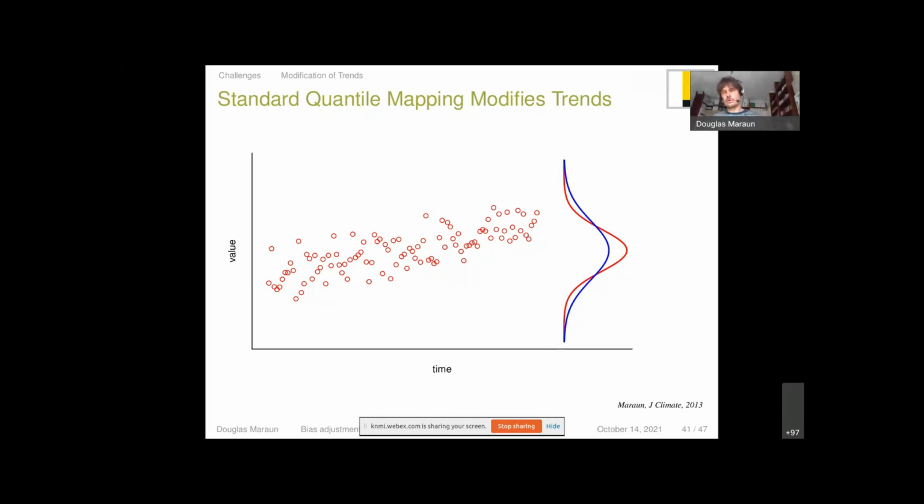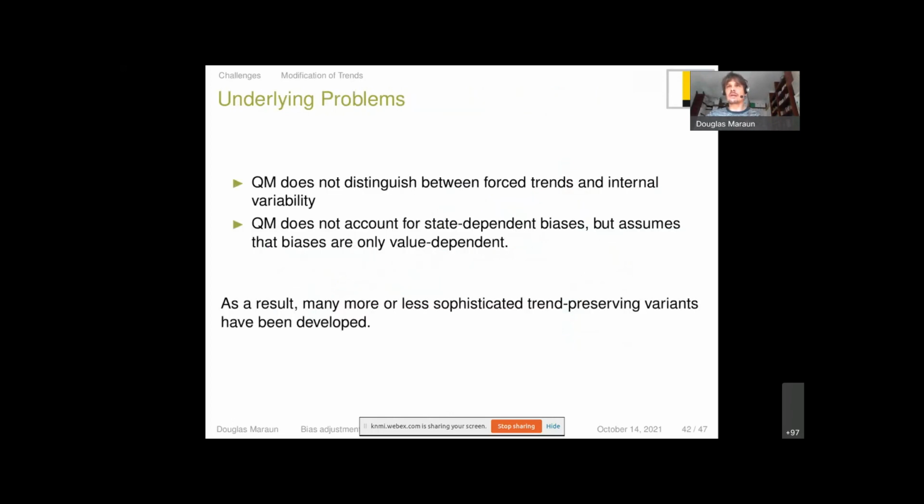So you broaden everything by quantile mapping, and then of course you change the trends. The trend gets stronger, and that's something which is intrinsic to standard quantile mapping. It modifies trends, and some people argue that this is an improvement. It basically improves the wrong trends. But I think there's growing understanding that this is a model artifact, and we don't simply know whether this is something useful or not.